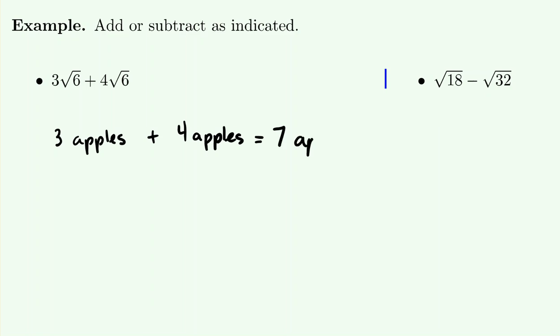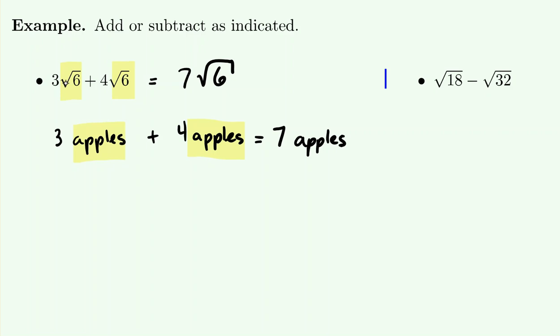That would mean you have 7 of the things, so 7 apples. And the way we should see this is it's saying I've got 3 square roots of 6 plus 4 square roots of 6. So the result should be that I've got 7 of these square roots of 6. So that's how you would add things so long as the radicals are the same.